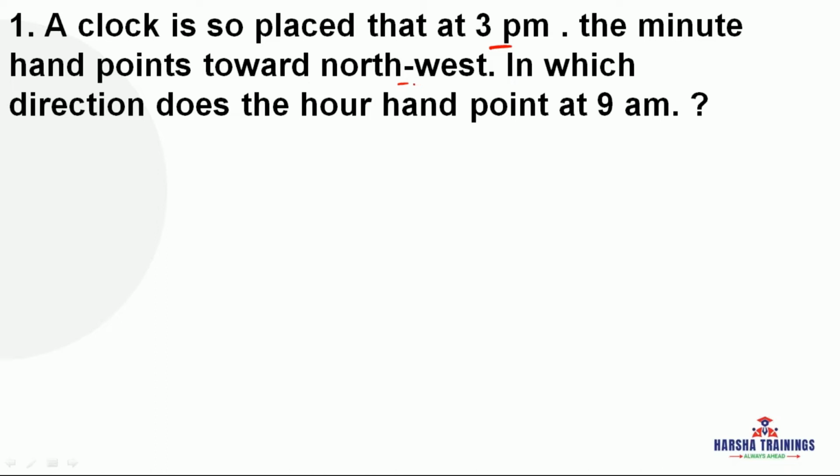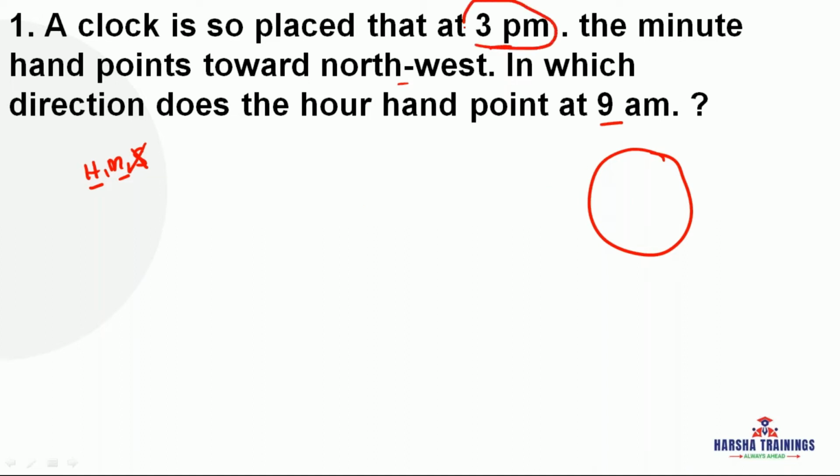In which direction does the hour hand point at 9 a.m.? A very easy problem, guys. Look at the screen. In a general clock, how many hands are there in total? Three: hour hand, minute hand, and second hand. Ignore the second hand and just consider the hour hand and minute hand.